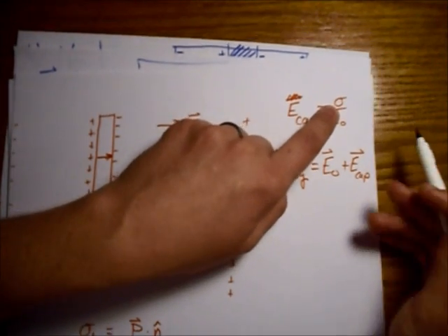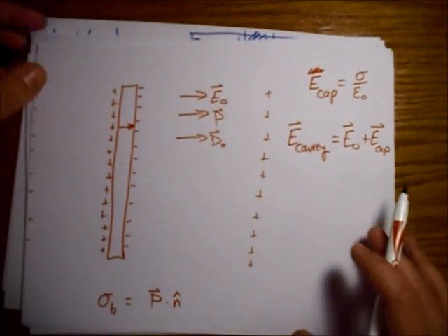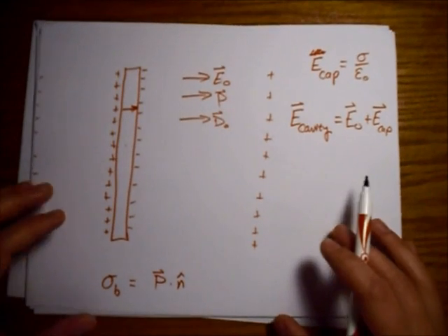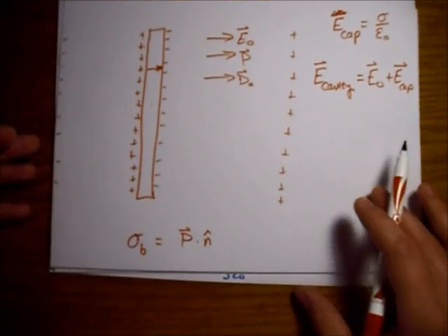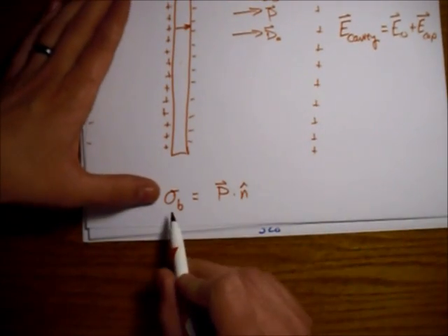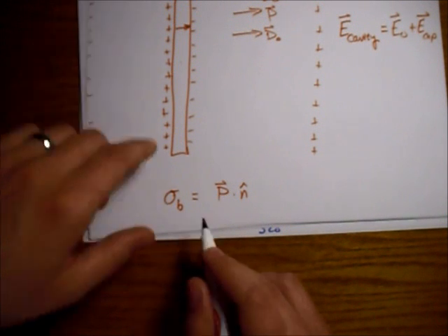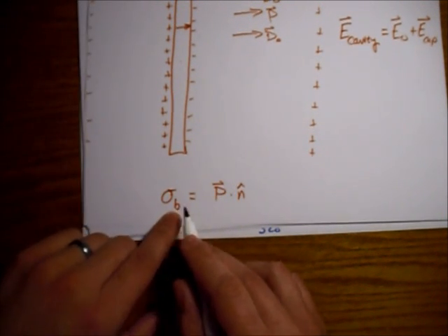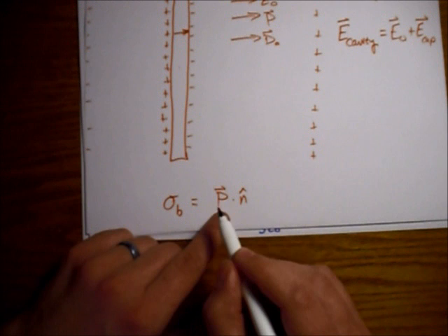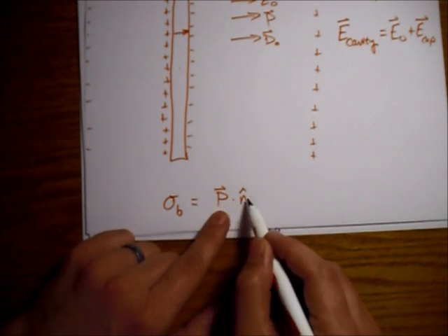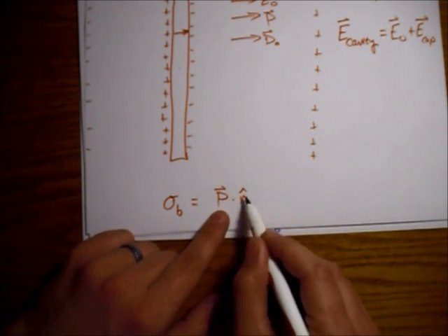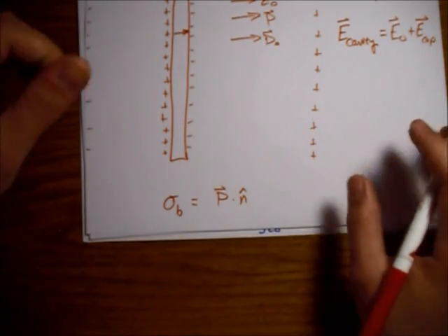What is sigma? Well, it's just enough to cancel out the polarization outside. We can look at the sigma bound, the bound surface charge density, and we get that from the polarization dotted into the surface vector.